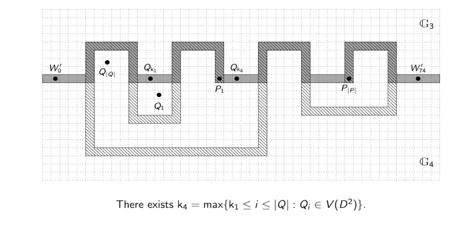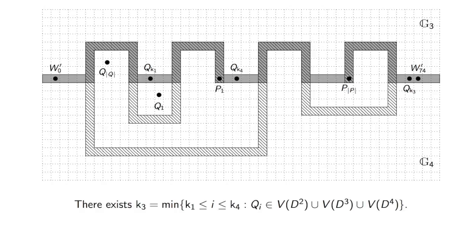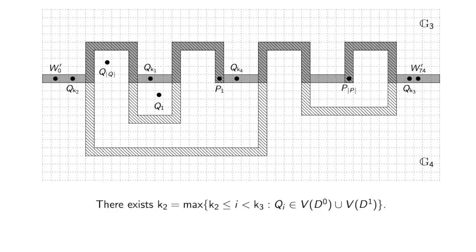Let K4 be the index such that the position of Q at index K4 intersects with D2. Since the index K4 is correctly defined, we can consider the index K3 as the first index such that the path Q at index K3 belongs to either D2 or D3 or D4. In our example, it belongs to D4.